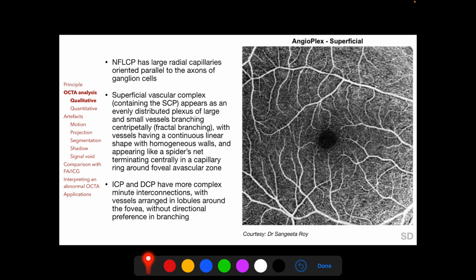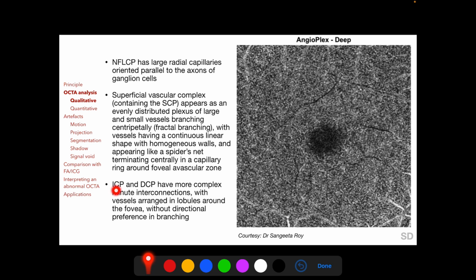The vessels have a continuous linear shape with homogeneous walls and appear like a spider's net terminating centrally in a capillary ring around the foveal avascular zone. The vessels of the intermediate and the deep retinal capillary plexuses, as shown here in this photograph, have more complex minute interconnections, with the vessels arranged in lobules around the fovea without directional preference in branching, as seen in the superficial vascular complex.